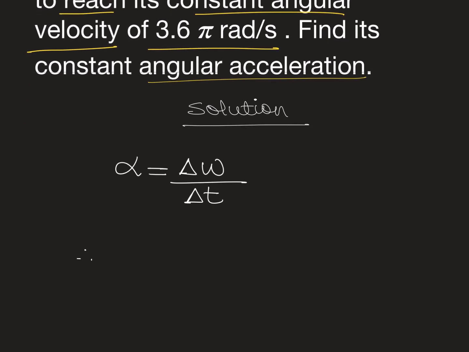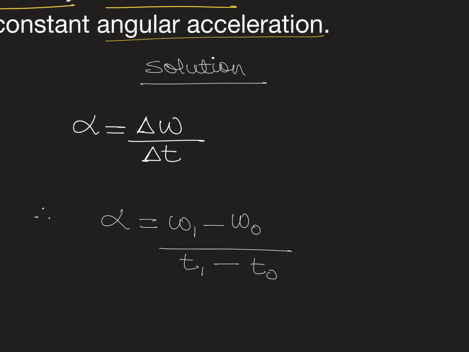So the angular acceleration alpha will be equal to the final minus the initial. Let's say the final is omega 1, minus the initial, omega 0, divided by the final time, t1, minus the initial time, t0.